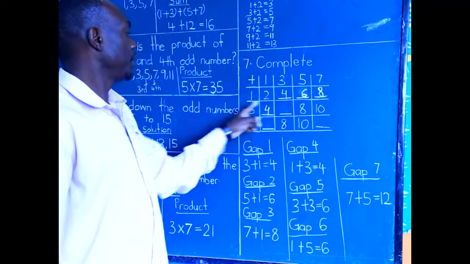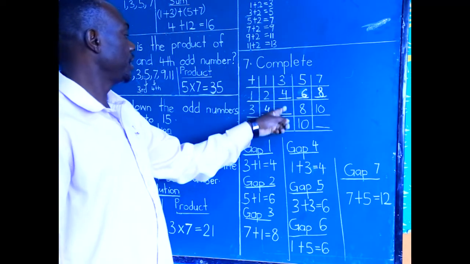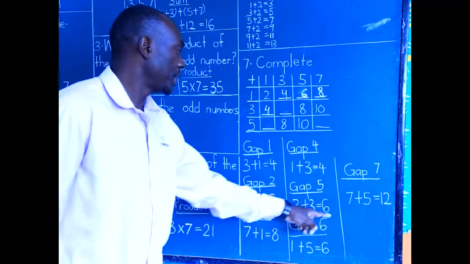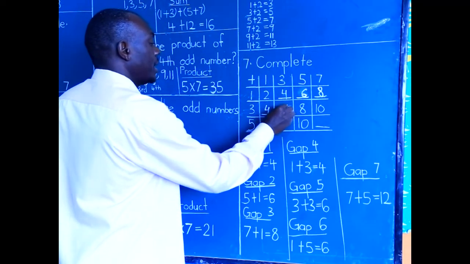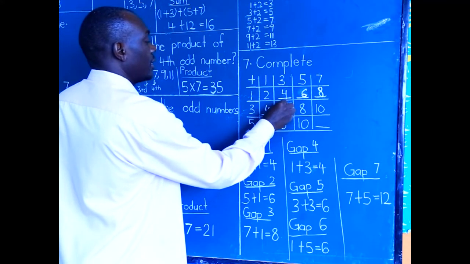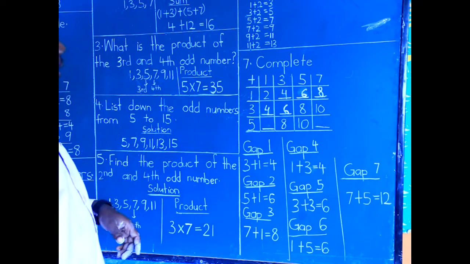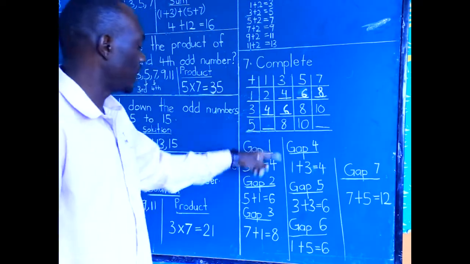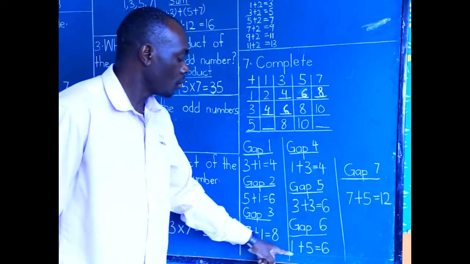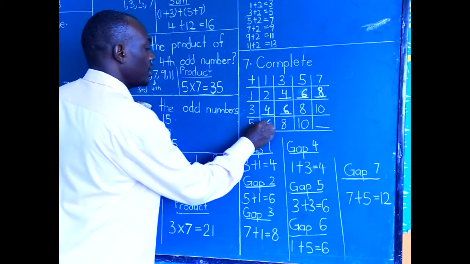Then we go to gap number 5. It will be a 3 plus 3. 3 plus 3, you get a 6, which 6 must be written properly there, and then call it an answer. Then gap number 6 will be a 1 plus 5. 1 plus 5 is also a 6, and fill it in here.